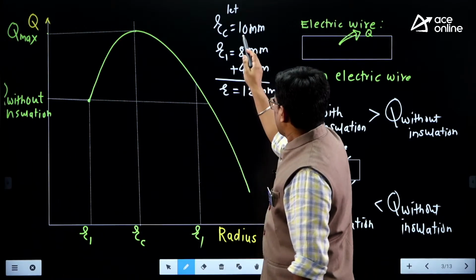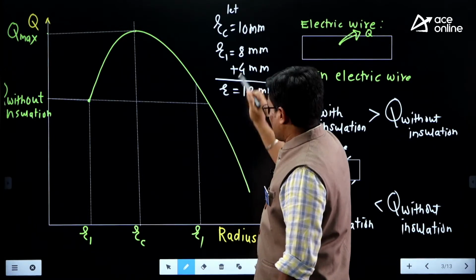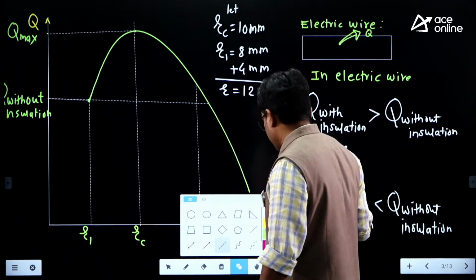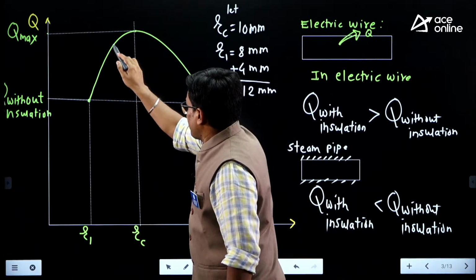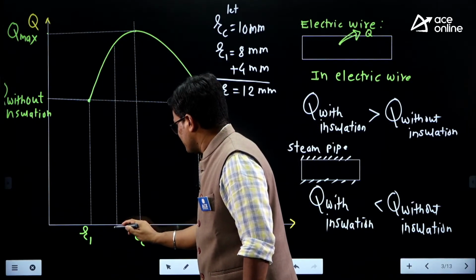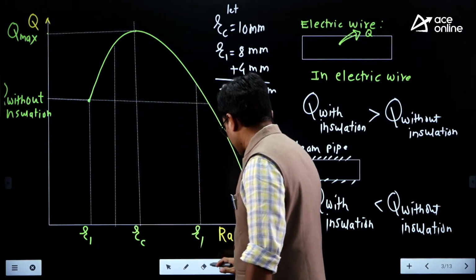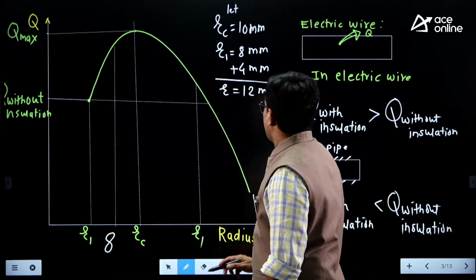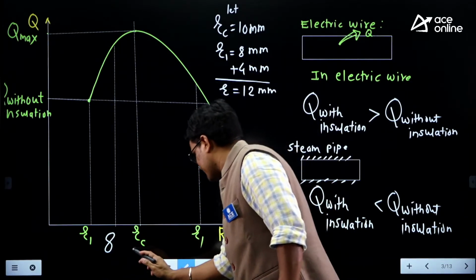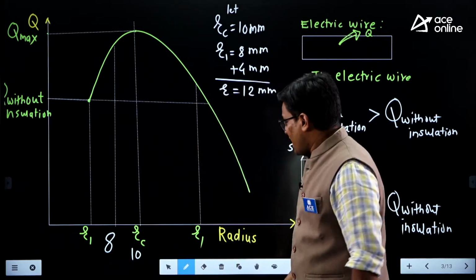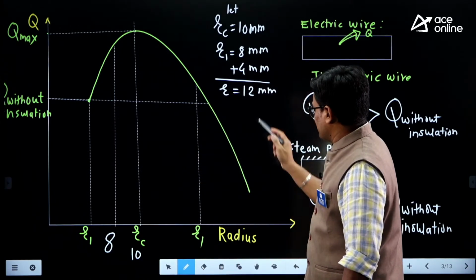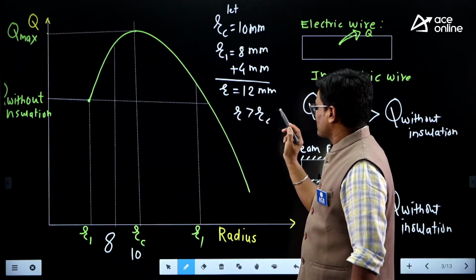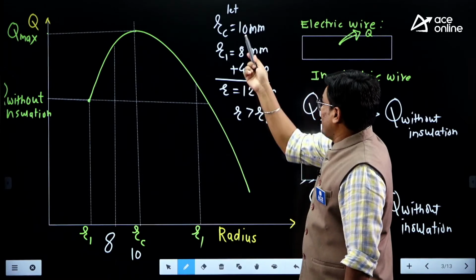RC is 10, R1 is 8. Now you added 4 mm of insulation, so because of that the radius R is greater than RC, correct or not? Because it is 12 and this is 10.